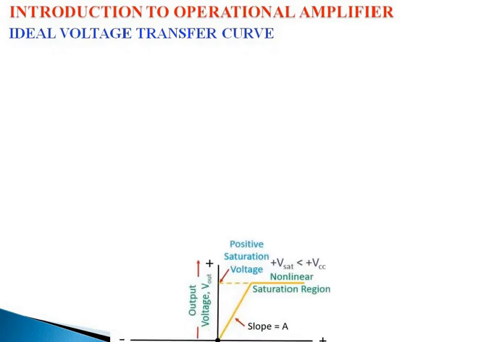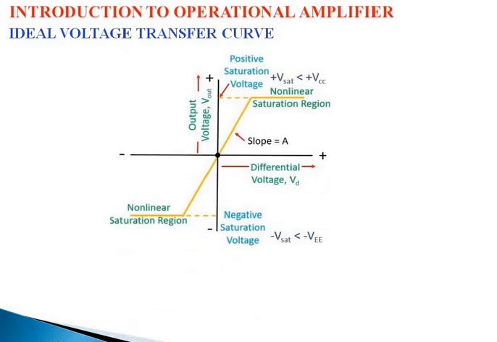Next is the ideal voltage transfer curve. Voltage transfer curve is plotted between output voltage and input voltage. Here the output voltage is V0 and the input voltage means it is the differential voltage VD, that is V1 minus V2. So this is the voltage transfer curve. Here we can see that for a small range of input voltage, that is differential voltage, the output varies proportionally to the input voltage.